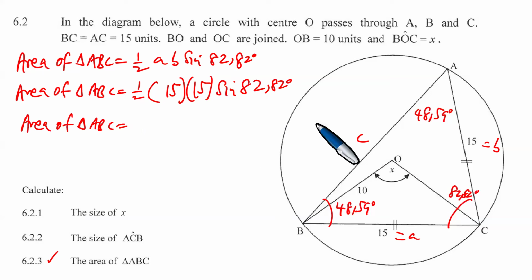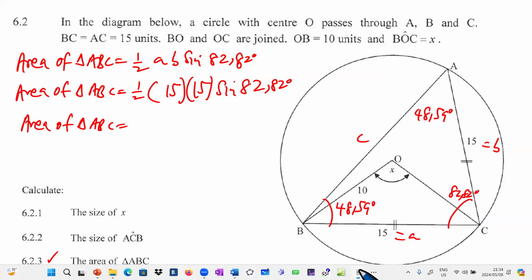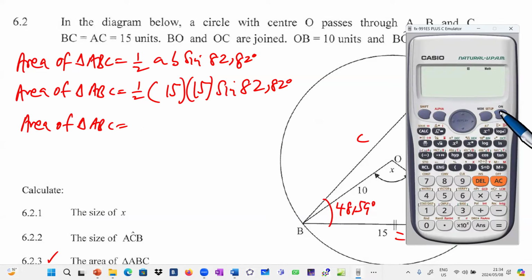We have 1/2, multiplied by 15, multiplied by 15, by the trigonometric sine of 82.82. And I'm going to give you exercises to practice.